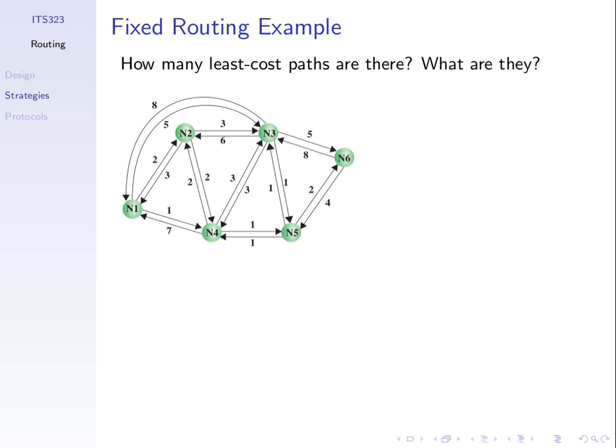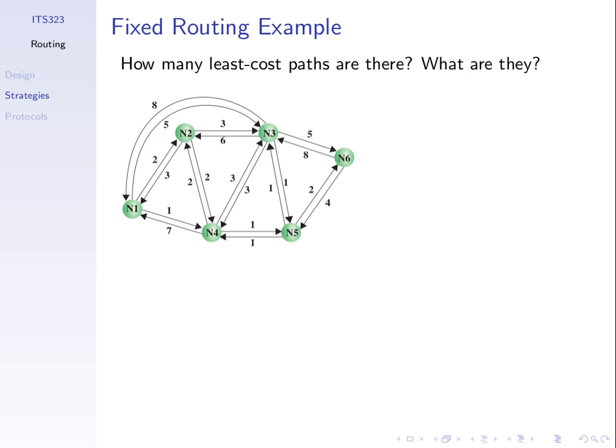Node 1 calculates its 5 least cost paths to the 5 destinations and then stores in some table. To reach node 2, send to the next node 2. To reach node 3, send to 4. To reach node 4, send to 4.